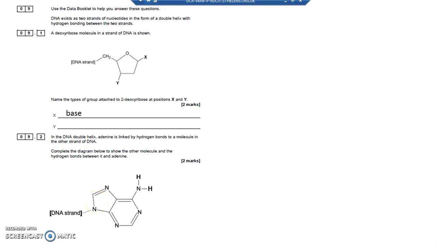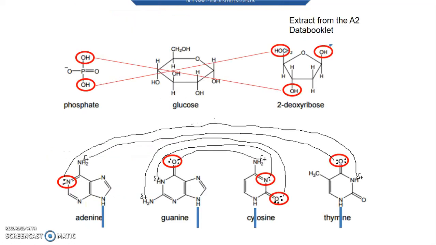So what does an adenine base join with? An adenine base joins with a thymine base. The NH2 on the adenine joins to an oxygen, with the lone pairs of electrons on the oxygen being attracted with a hydrogen bond to the NH2, and the N on the adenine just around from the NH2 is attracted to the NH of the thymine.